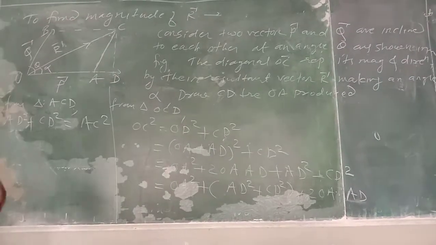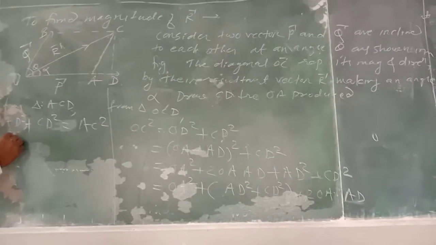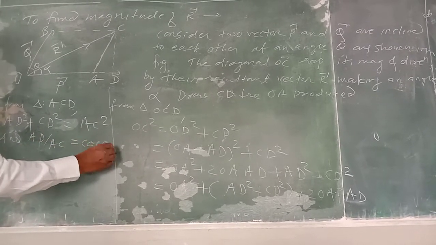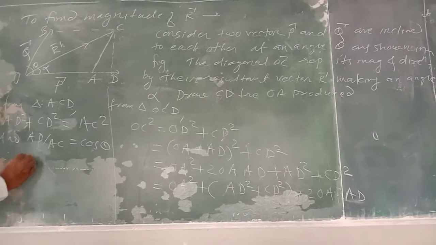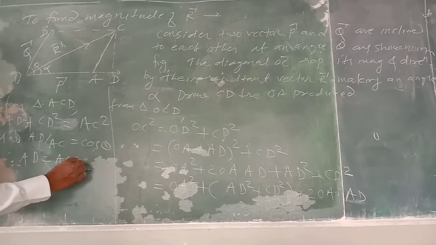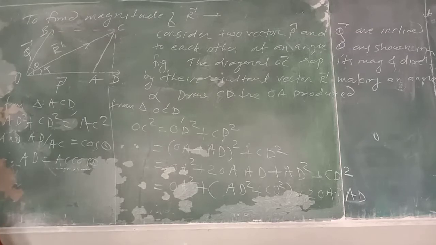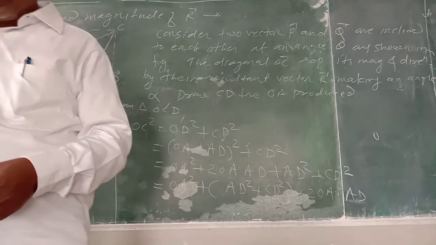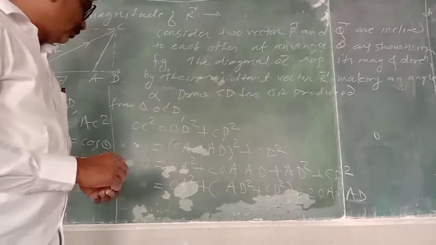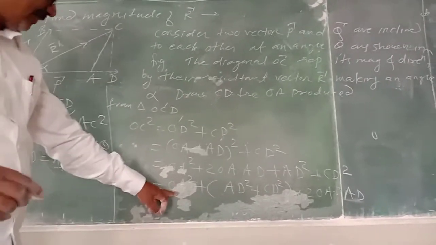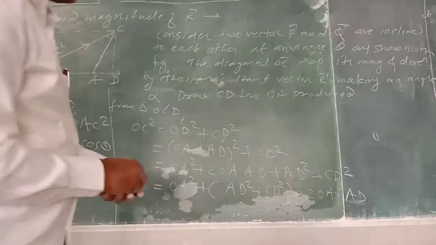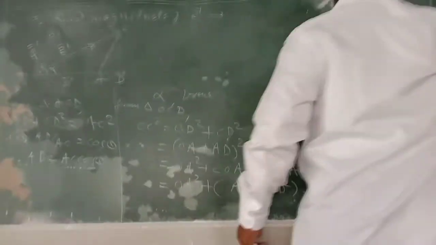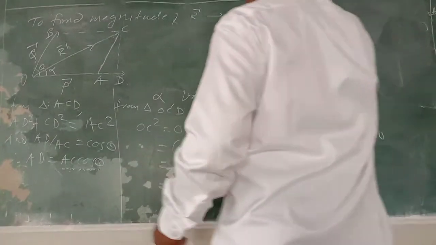And AD upon AC equal to cos theta. Therefore, AD equal to AC cos of theta. Putting this value in the above equations, these derivations.